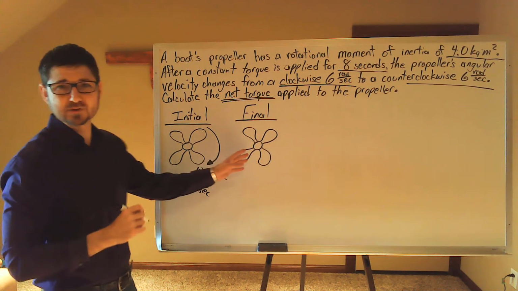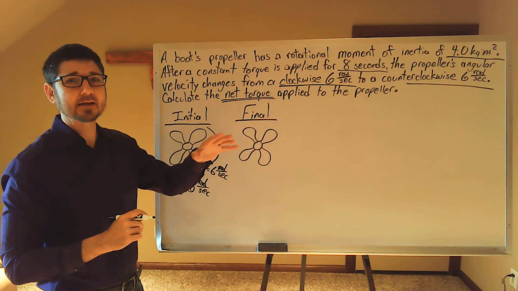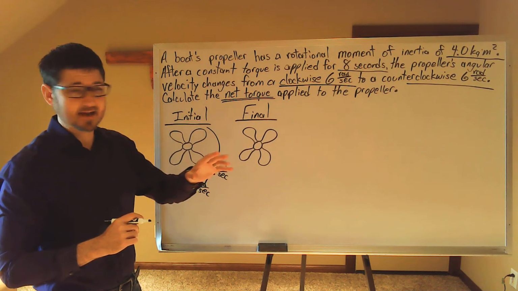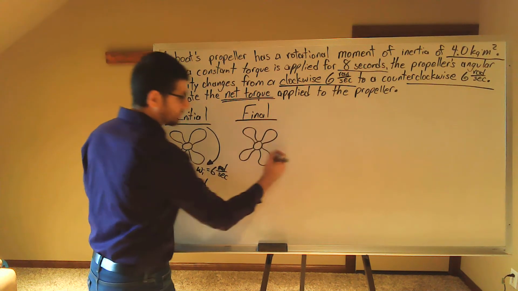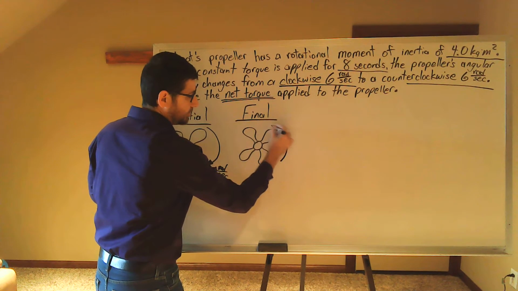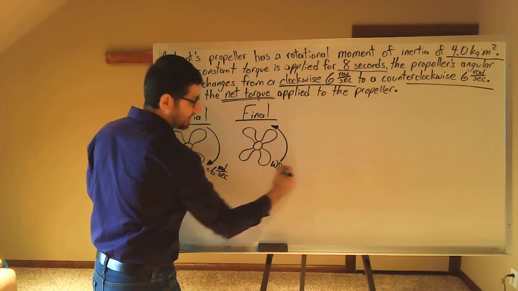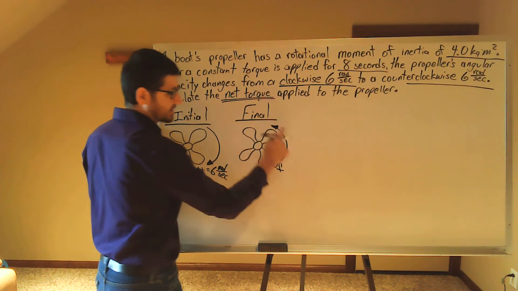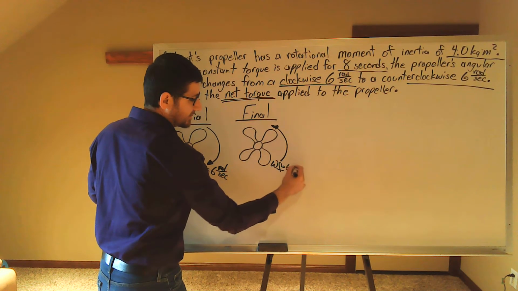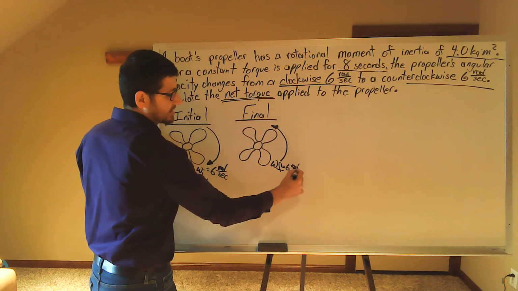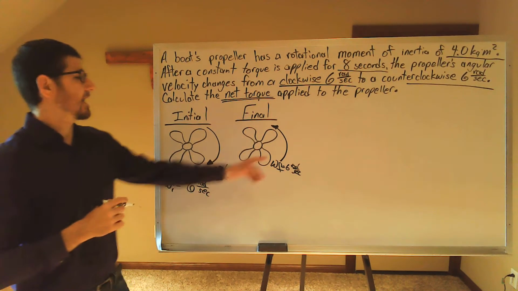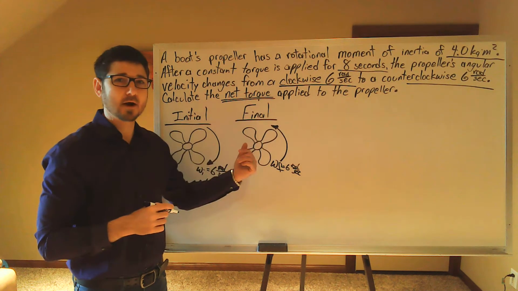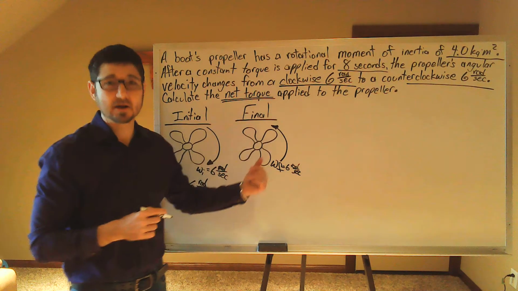In the final situation, the torque is applied for a time of 8 seconds, and it reverses the direction of the propeller. Right here, omega sub F, the final angular velocity of the propeller, is 6 radians per second. Now this is counterclockwise, and we know a counterclockwise rotation is positive.